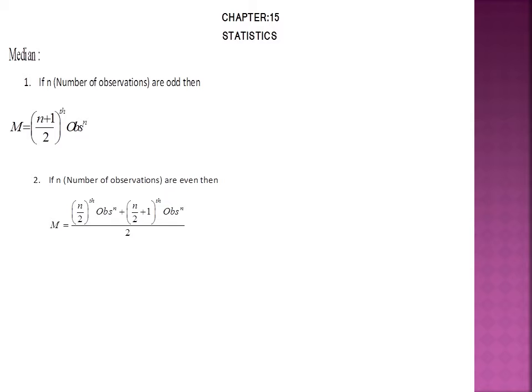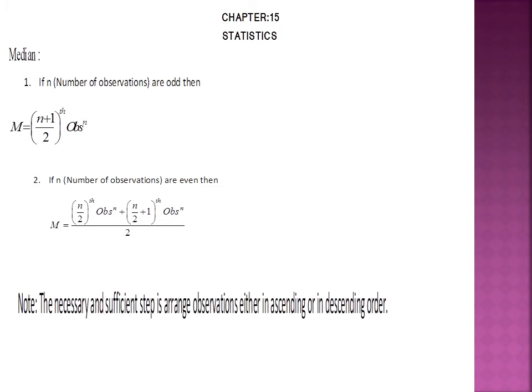Now if you want to find the median, the most important and necessary condition is that you need to arrange all the observations either in ascending or in descending order.